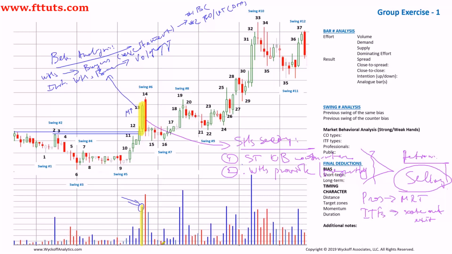Then the question I get from students is, why does the price go down after this? Well, because what we don't see in this volume signature is the emergence of institutional supply, which is based on the specific characteristics of the overbought condition and the liquidity that the weak hands, out of excitement, provide at this spot to strong hands.